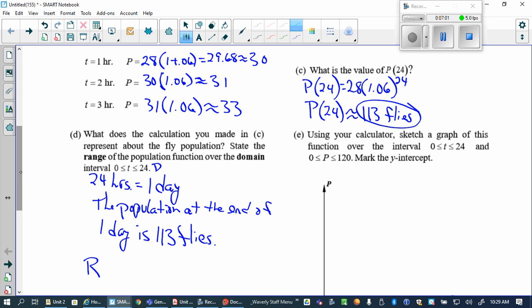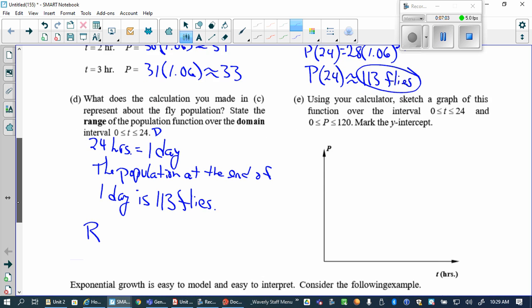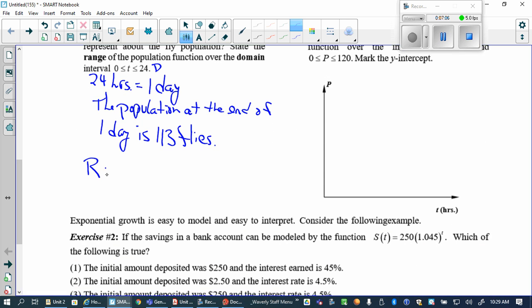And at 24 hours, what was the highest value? So we can say that 28 is less than or equal to P, the population of flies, which is less than or equal to 113. So if this is my domain, then this is the range of outputs that go with those inputs. Domain is inputs x, or t in this case. Range is output y's, or P in this case.